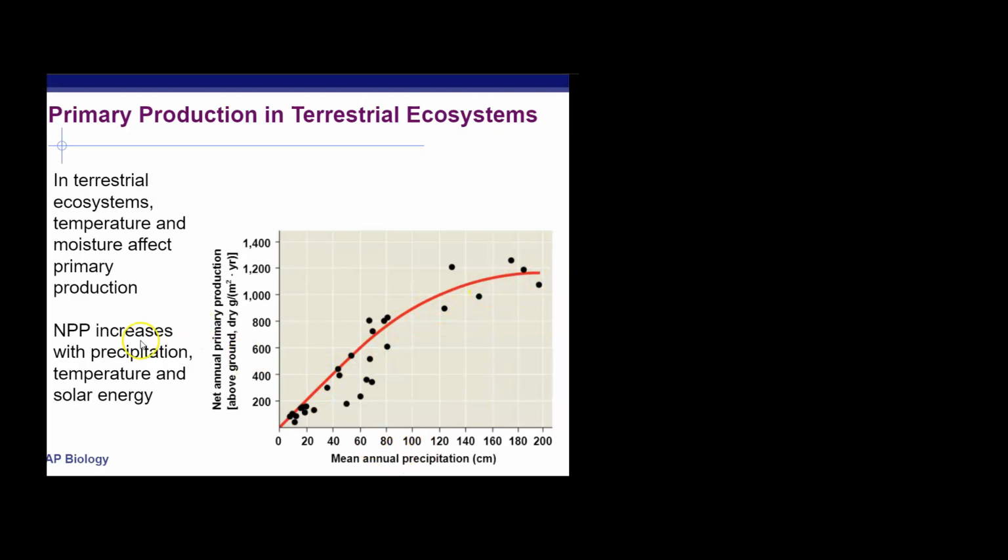And of course, we know why that is when we think about photosynthesis, since water is such an important part of the light reactions. We need the splitting of water to occur for photosynthesis to begin in the light reactions. So of course water is going to have a huge limiting impact on how much primary production can occur.